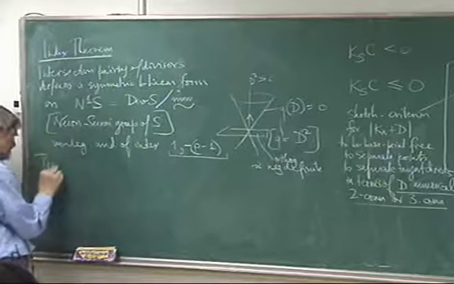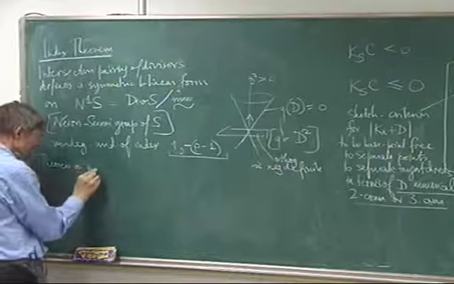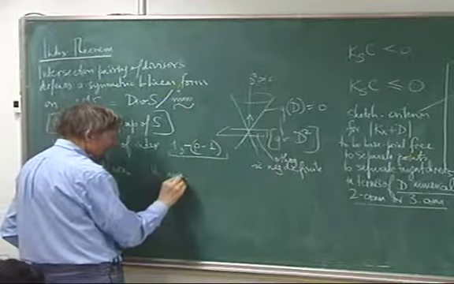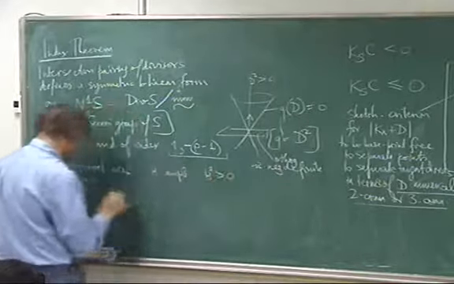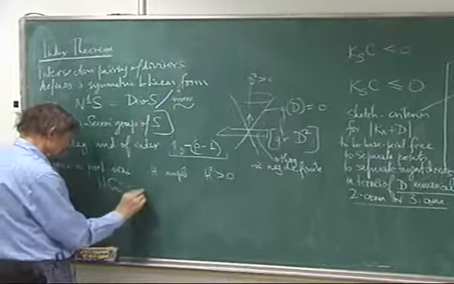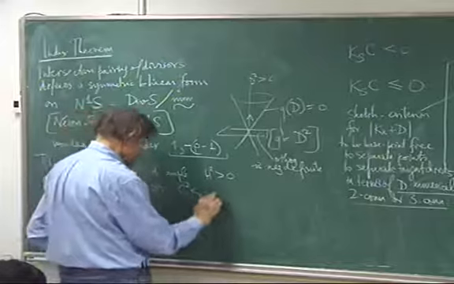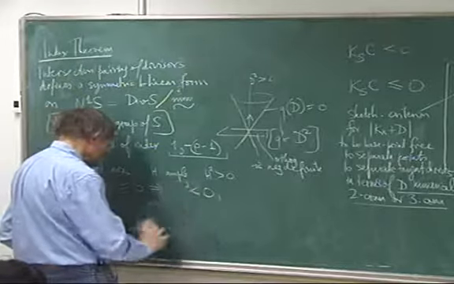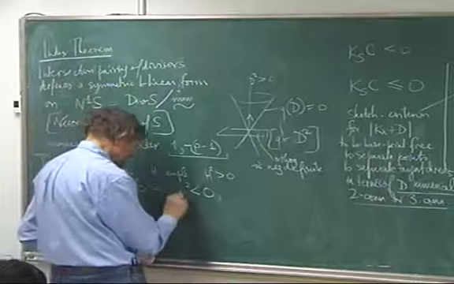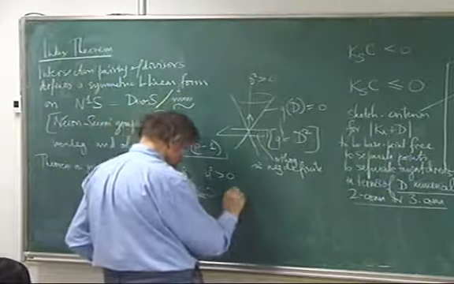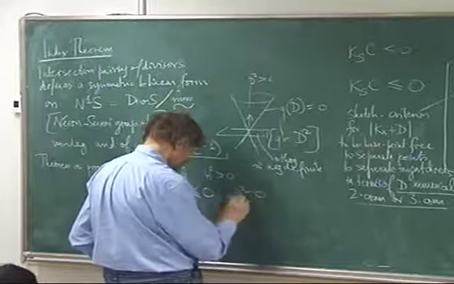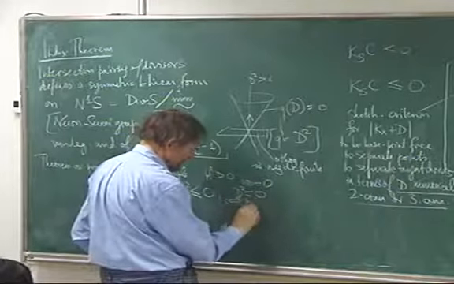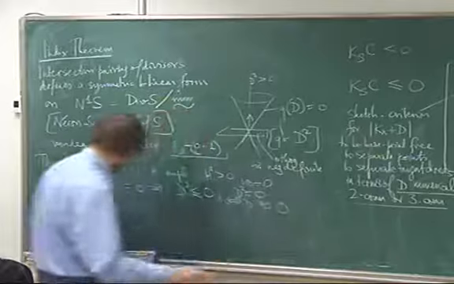So the theorem, as proved, was: H ample, then H squared is positive, and H times D equals 0 implies D squared is negative, and D squared equals 0 if and only if D is numerically 0.